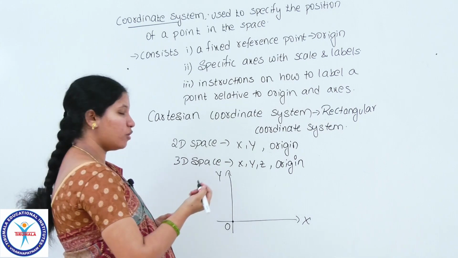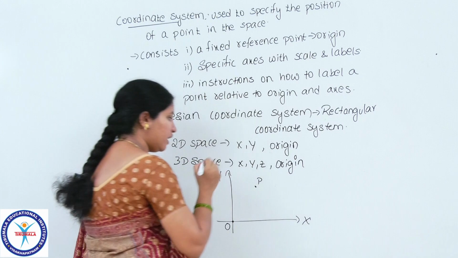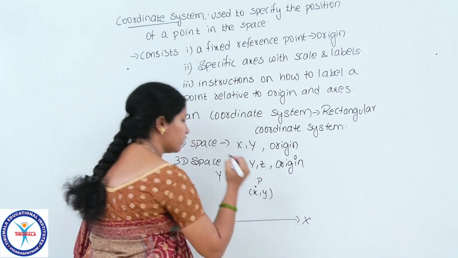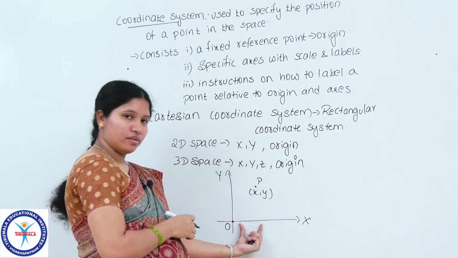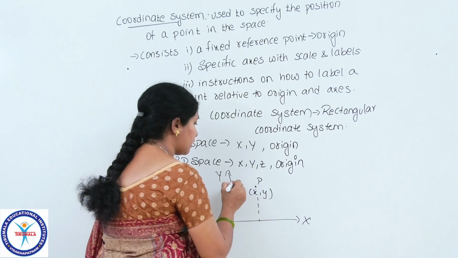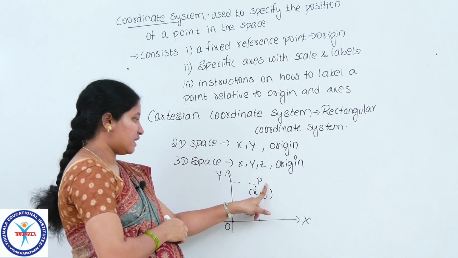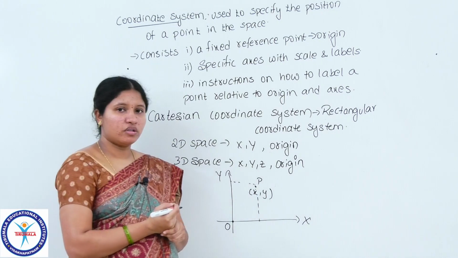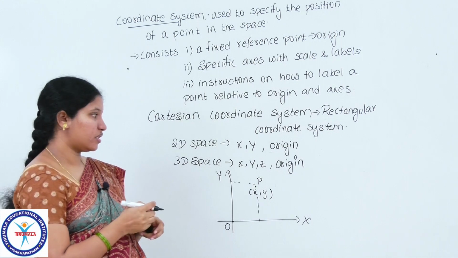If I want to specify a point, let this point be P. It is given by x comma y, where x denotes the length of the line on x axis and y denotes the y coordinate. Now let us see the resolution into rectangular components.